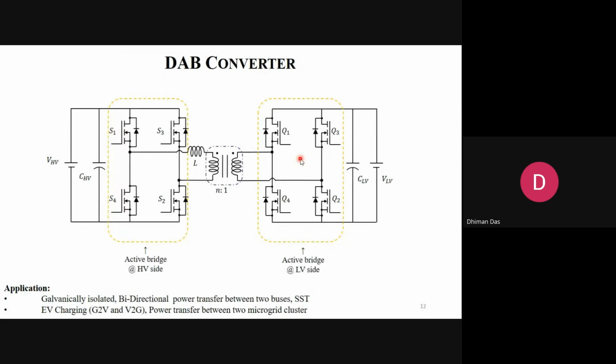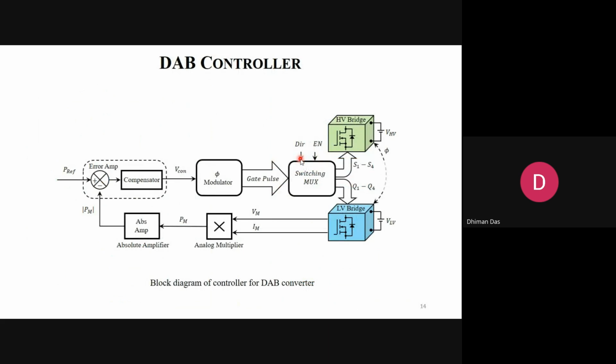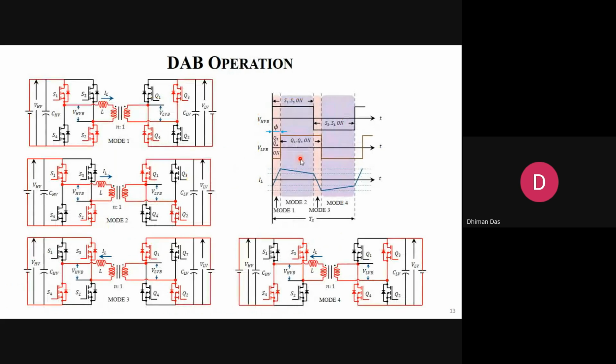So this is galvanically isolated, and bidirectional power can be transferred between the two buses, which are the high voltage and low voltage buses, with a common converter or common interface. You can operate this converter in a very wide range. In the LLC converter, you cannot operate in a very wide range. Okay. Now let's see the operation briefly.